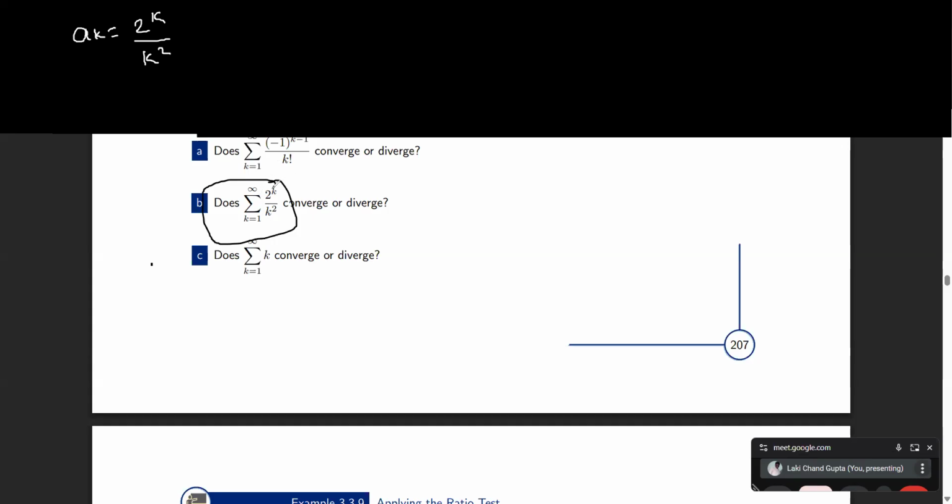If this is given in a curly bracket, then you can say that it's a sequence, right? See, whenever sigma is represented, then this is a series. If this is represented by a curly bracket, then this is a sequence, right? Now we will use what? Ratio test.